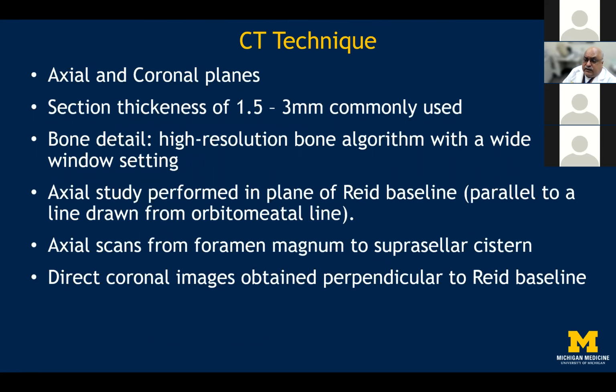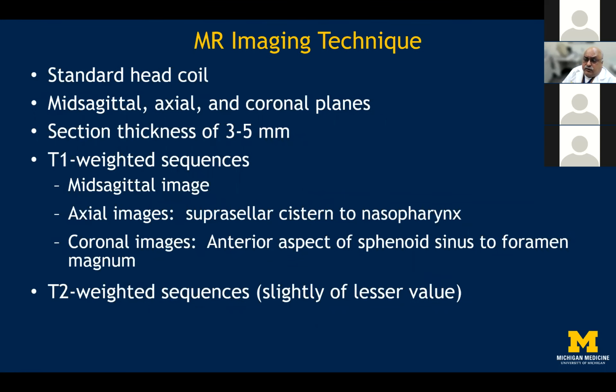So the CT techniques are now very well established, and we can do coronal and axial imaging. But now with the advent of helical scans, you can get multiplanar reconstructions and 3D reiterations of the skull base as well as the soft tissues. In the MR, we can use standard head neck coils, but you can have now specialized multi-channel coils to image both the vascular and the soft tissue structures as well as the osseous structures.